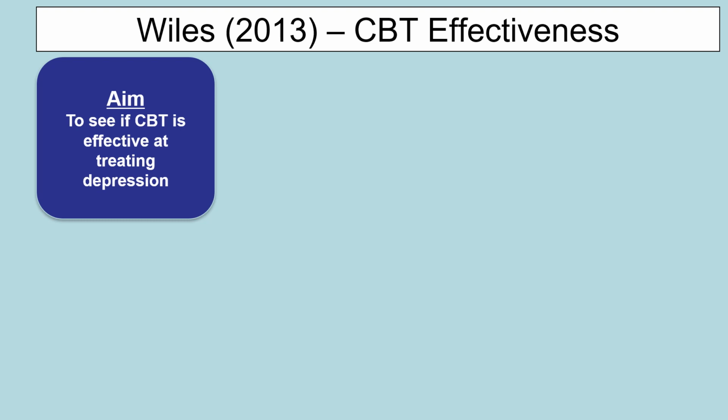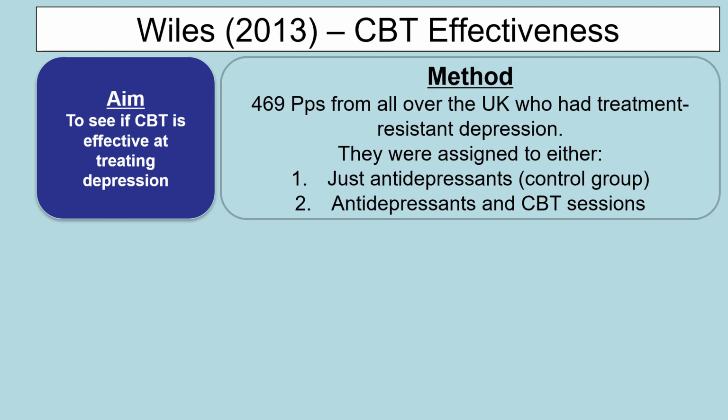Right, the final thing that you need to look at then is that research by Wiles 2013 to see how effective CBT was. What exactly did they get up to? Well, they wanted to see if CBT was any good at treating depression. So what they did, they gathered 469 participants from all over the UK. It's a very good thing, very representative, who had depression that was very resistant to treatment. And they assigned them to one of two groups.